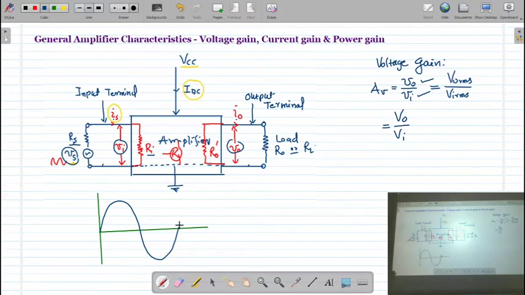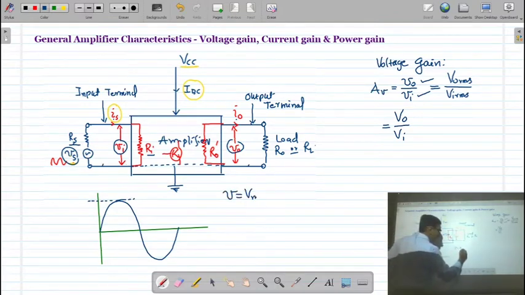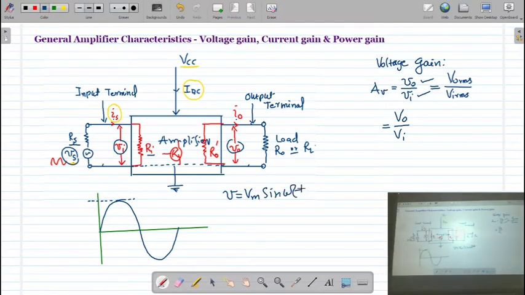In an AC signal, this is representing a maximum voltage. Remember, an AC signal is always written as v = Vm sin omega t. So what is Vm? Vm is representing the amplitude or the maximum value of the AC signal. So here we have this maximum value.